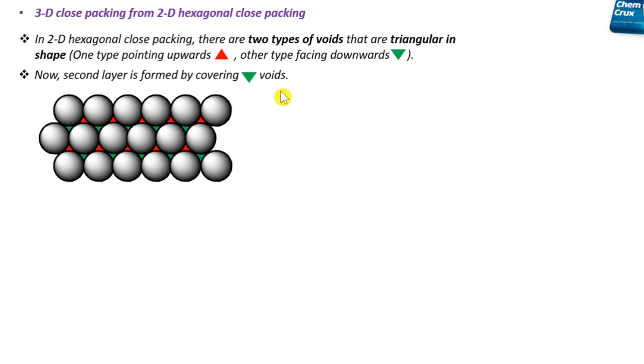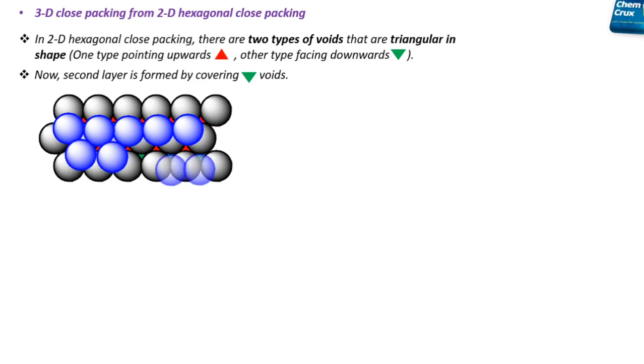So I have shown the second layer by blue colored spheres. So you can see that I am covering the green colored voids one by one and forming the first row for the second layer. Now I will form the second row of the second layer by covering the green colored voids. So this is the second layer.